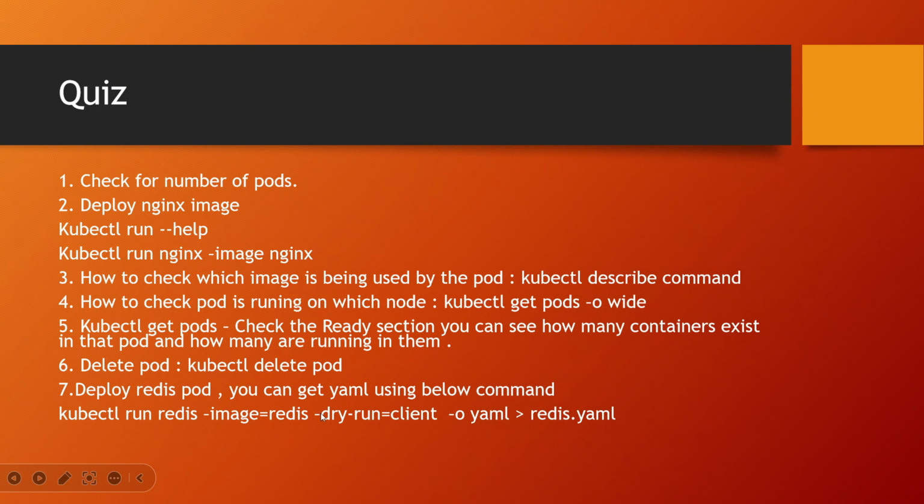It will just give you a simple YAML file, and that YAML file you can use to create your pod. This you can try. Otherwise, in my next lecture, I will do it like this instead of writing it from scratch, because that takes some time. We will use the imperative command with the dry run client option, store its output in a YAML file, and apply this YAML to my Kubernetes cluster.